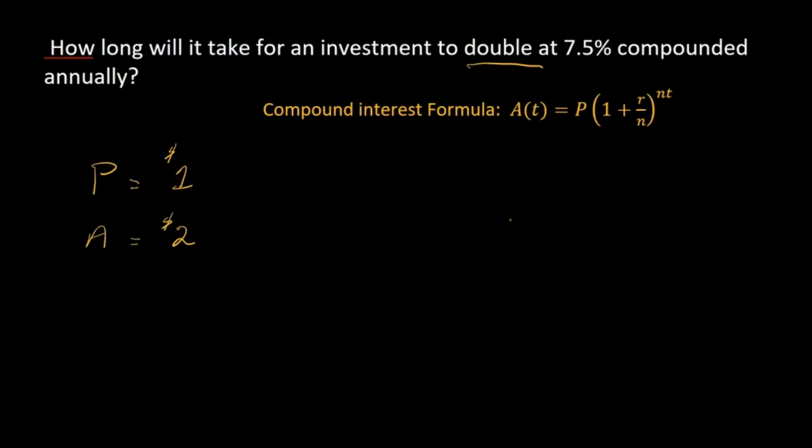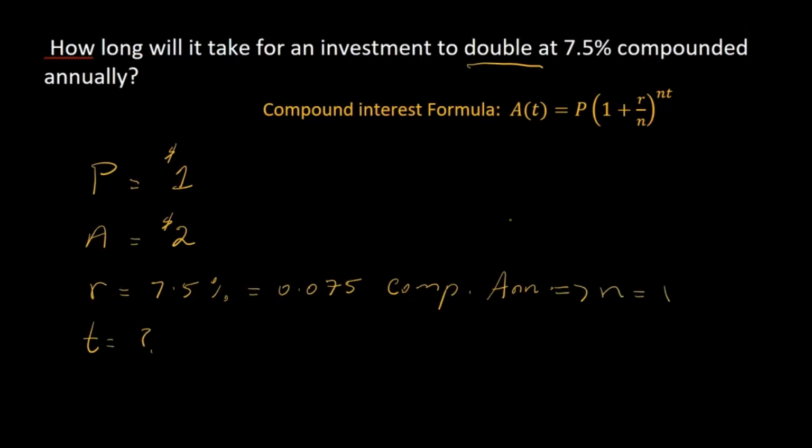And we know that the rate is 7.5%, which is equal to 0.075, and it's compounded annually. And we want to know how long it will take. That means T, and because it says annually, we know that N is equal to 1.